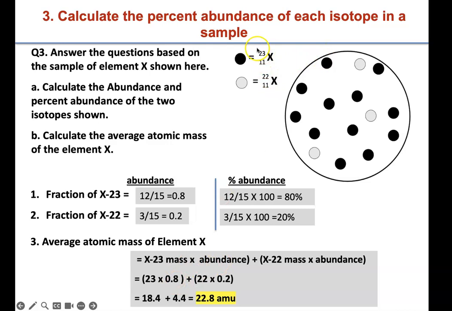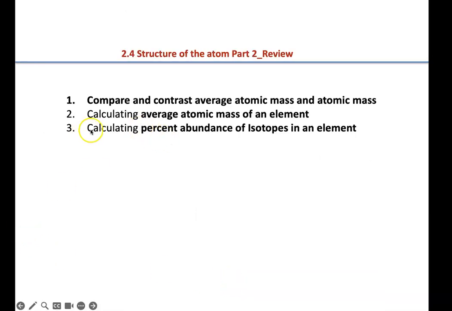So 23 times 0.8 plus 22, this one's mass, times 0.2, and then you get your values and you add them up, and the average atomic mass of this element is close to 22.8. So the last thing we just checked is calculating percent abundance of isotopes of an element, if I give you a picture of the sample, and that's it. I'll see you in the next video.